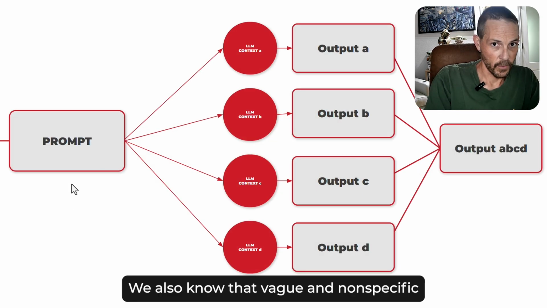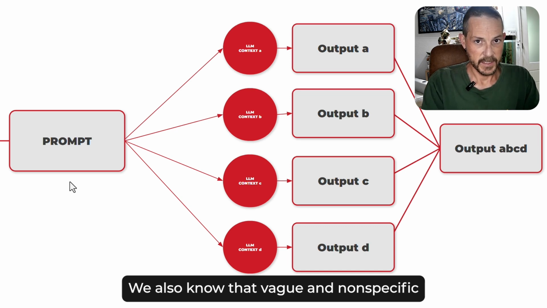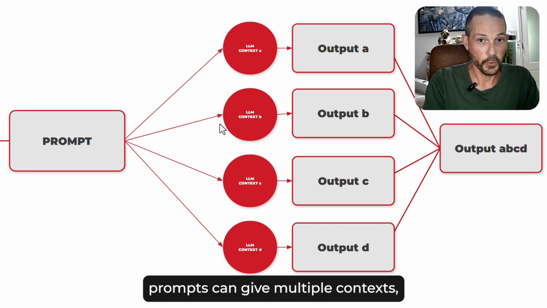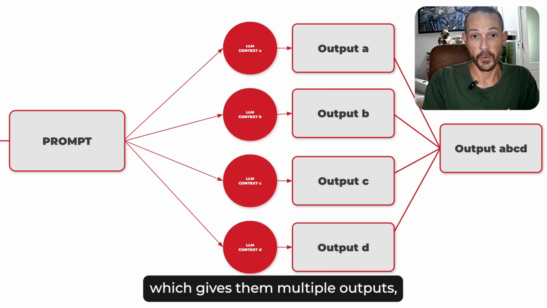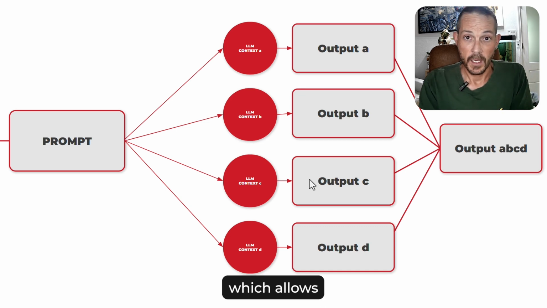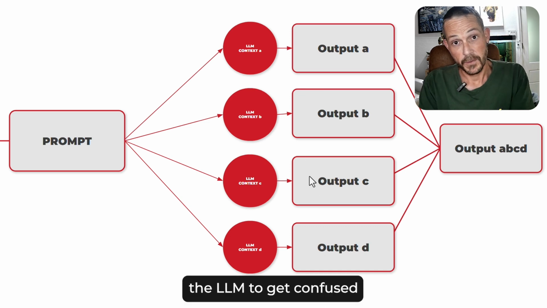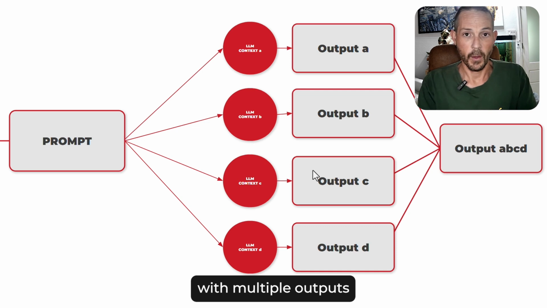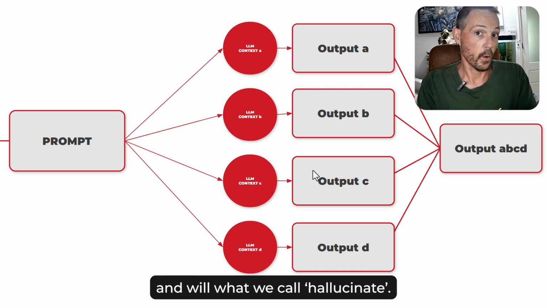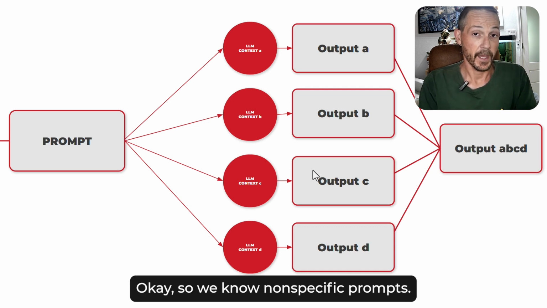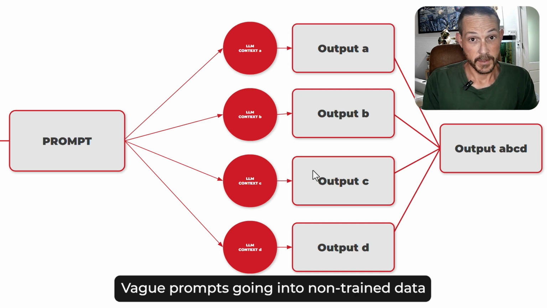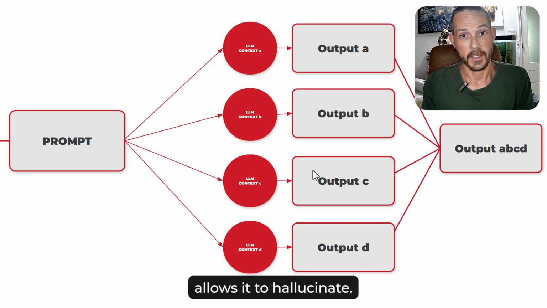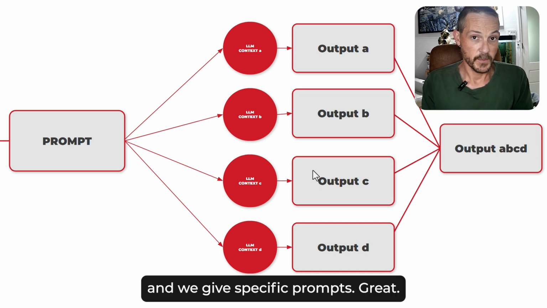We also know that vague and non-specific prompts can give multiple contexts, which gives multiple outputs, which allows the LLM to get confused with multiple outputs and what we call hallucinate. Okay. So we know non-specific, vague prompts going into non-trained data allows it to hallucinate. So we train the data and we give specific prompts.